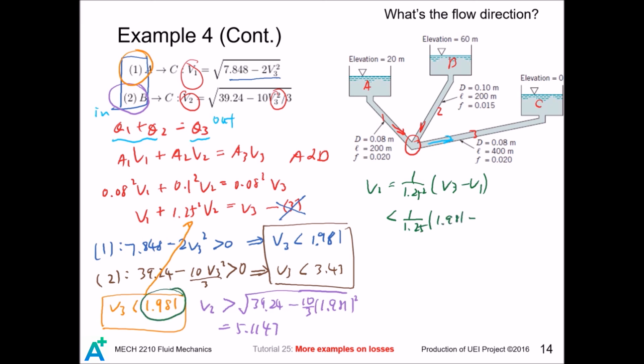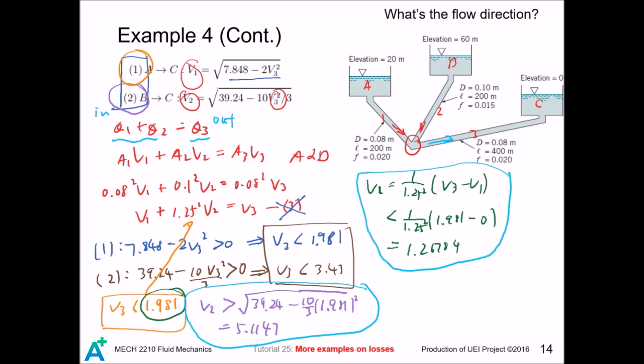And when 3 is 1.981, 3.1 is 0. But we have just shown in equation 2 that 3.2 must be greater than 5. Now we have shown that from equation 3, 3.2 is smaller than 1.26, so the whole thing is just impossible.